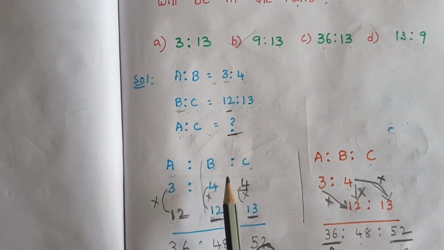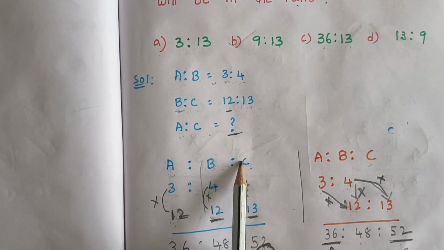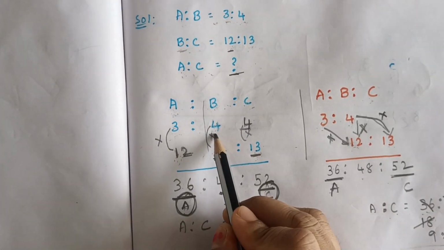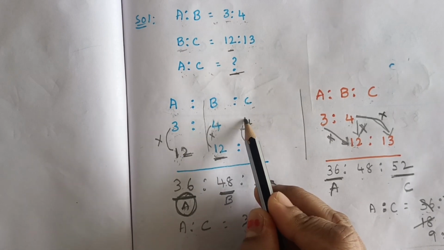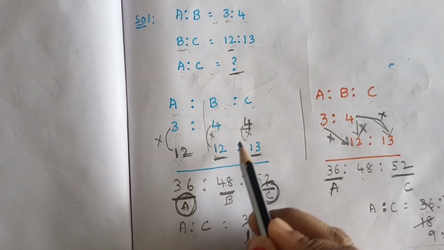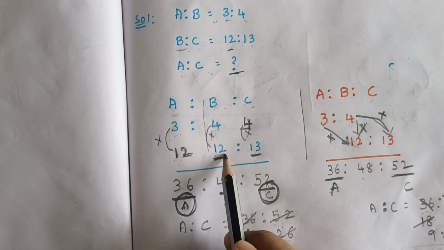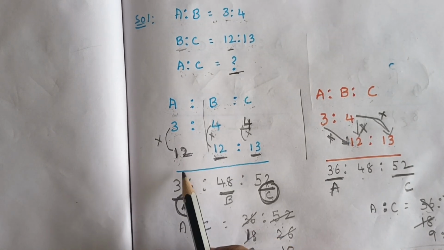In the place of B we will write 12 and in the place of C we will write 13. So after 4 in the place of C we will write again 4. In the place of A we will write 12 before the 12.